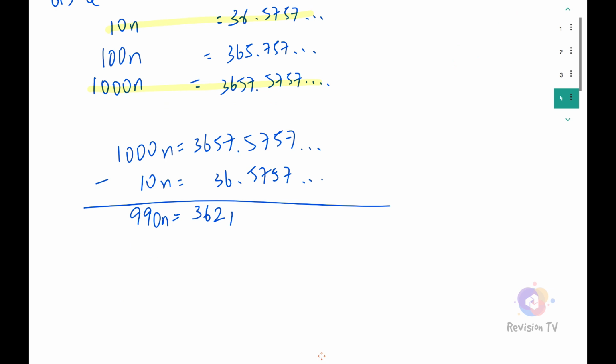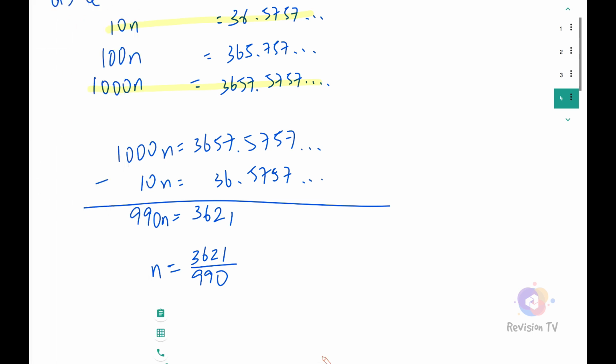Okay. Next, you need to do n equals 3621 divided by 990. 3621 is not an even number, so 2 doesn't go into it. 3 looks like it does go into it. Now, apart from adding the digits, this one is quite obvious because if you split the whole number into 36 and 21, both of these are divisible by 3, so the whole thing is divisible by 3.